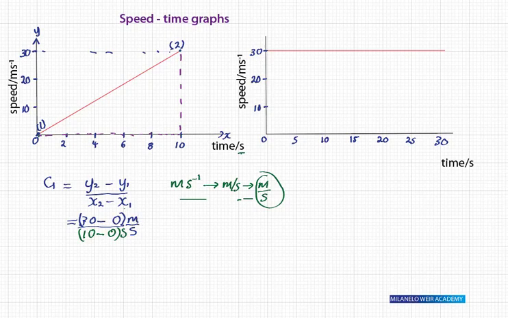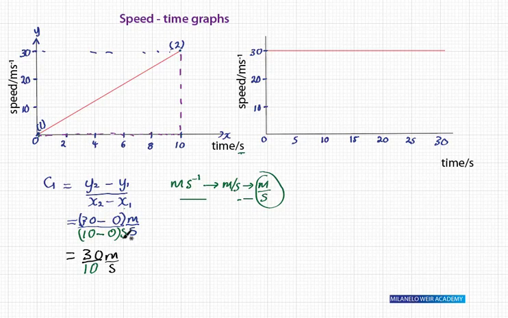So where are we now? We want to compute these, and the answer will be 30 minus 0, that is 30 meters per second. 10 minus 0 is equal to 10 seconds.